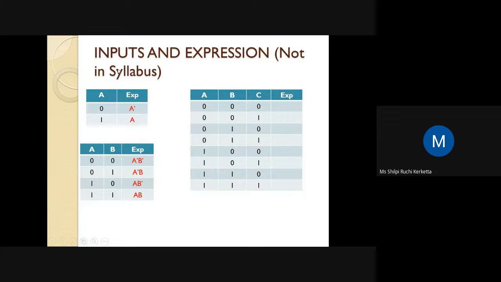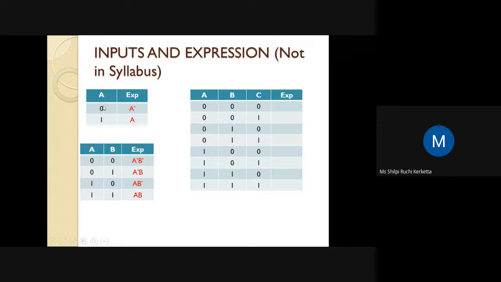So in Boolean expressions, we have done this. Here for logic gates we say inputs, not bits, because a bit is only one. Here we are using a number of inputs.